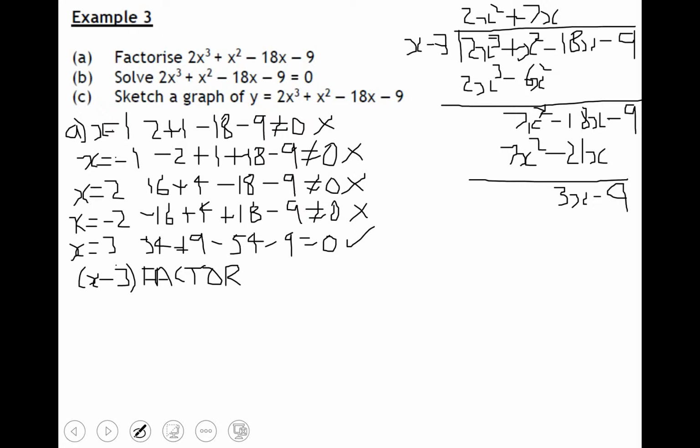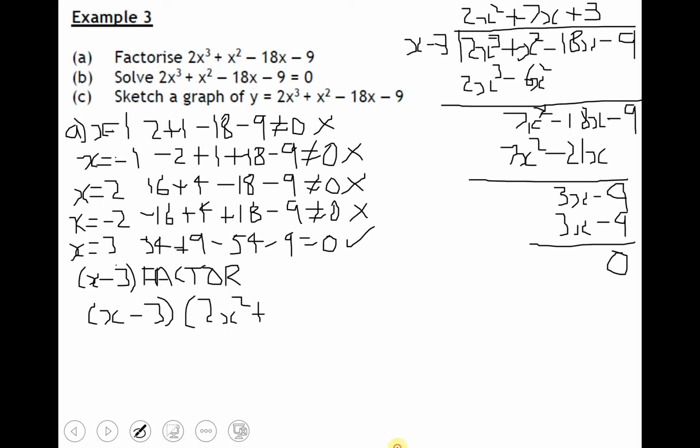What do we multiply x by to get 3x? That's 3. 3 times x minus 3 is 3x minus 9. Subtracting, we get 0, the remainder we're expecting. So the factorisation we're going to get is x minus 3 times 2x squared plus 7x plus 3.